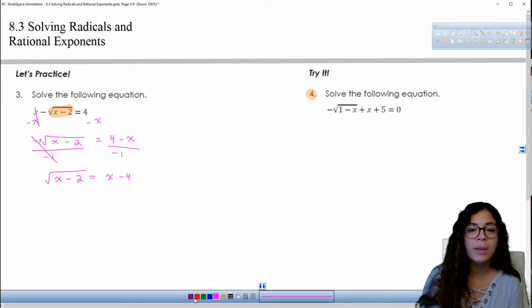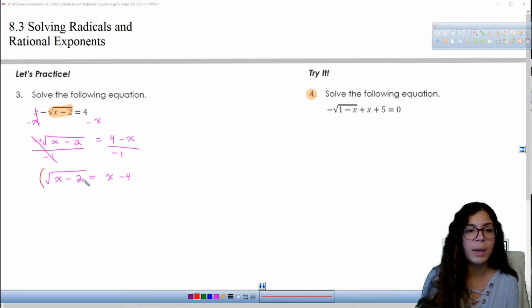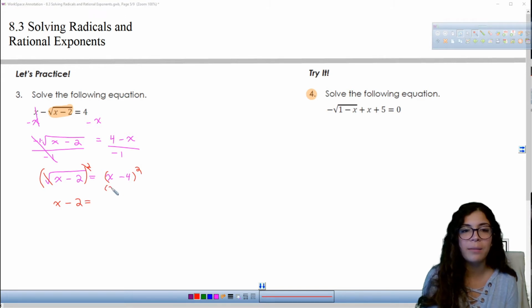All right, now that I have the radical isolated, I will go ahead and raise both sides to the power of 2. So that square root will cancel out the square, and I'll get x minus 2 on the left-hand side. On the right-hand side, we have x minus 4 times x minus 4. So this will be x times x, which is x squared. The negative 4x minus 4x is negative 8x, and negative 4 times negative 4 is positive 16.